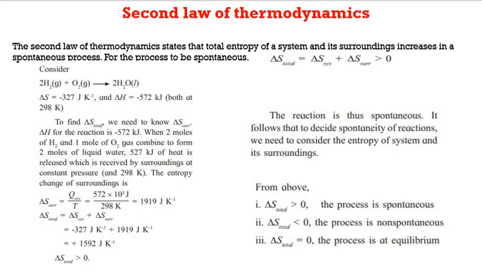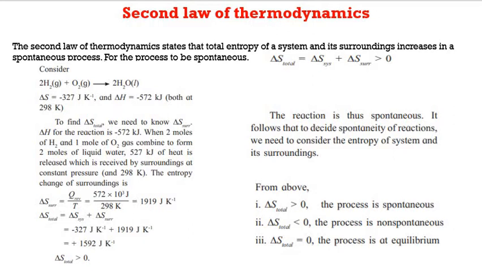Now delta S total will be delta S of system plus delta S of surroundings. Delta S of system is given as minus 327, plus delta S of surroundings we have calculated as 1919 joule per Kelvin. So we get a value of 1592 joule per Kelvin, which is greater than 0. So delta S total is greater than 0, and the reaction is spontaneous.